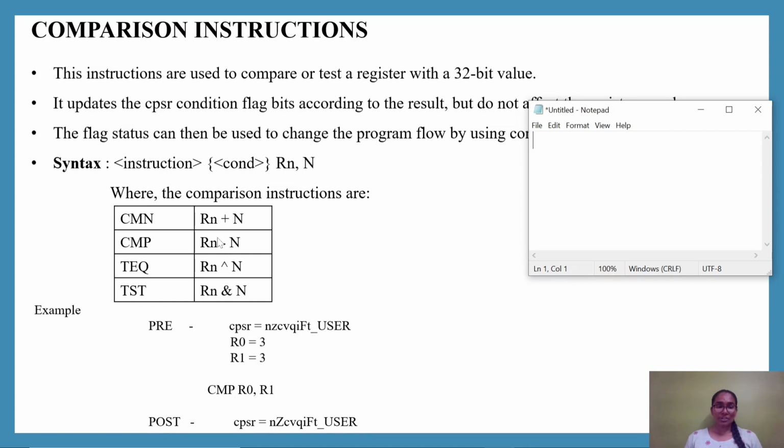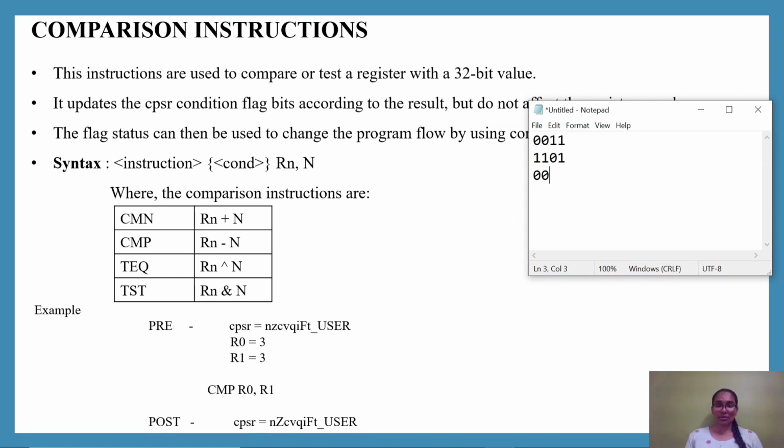For the compare operation, we have to do subtraction, that is Rn minus N. So R0 is 3. The binary form of 3 is 0 0 1 1, and we have to subtract 3. So the 2's complement of 3 is 1 1 0 1. Adding them, 1 and 1 is 0 with carry 1, and so on.